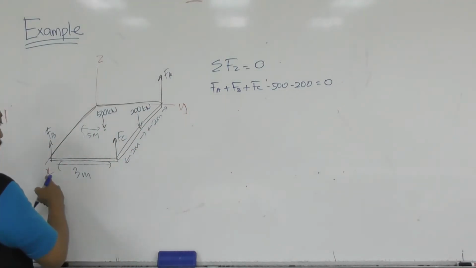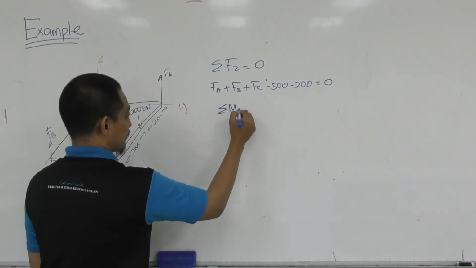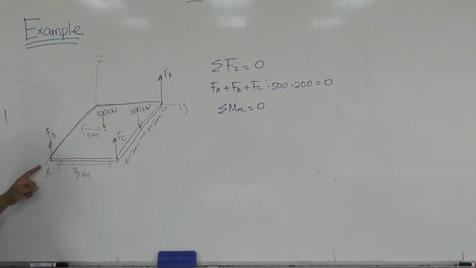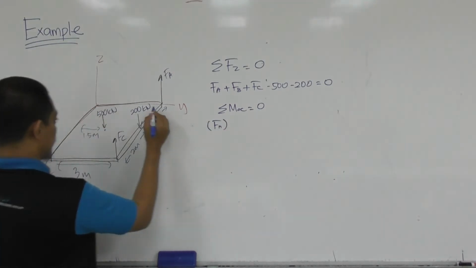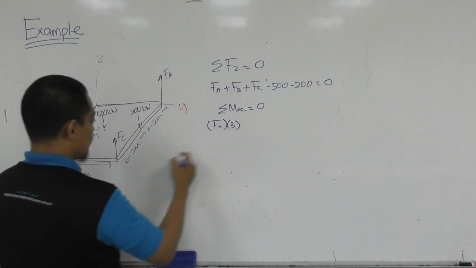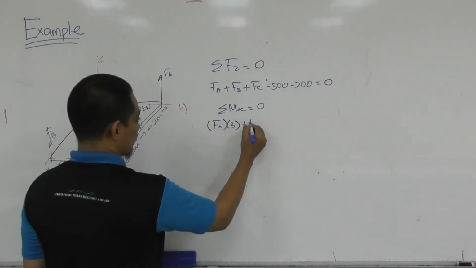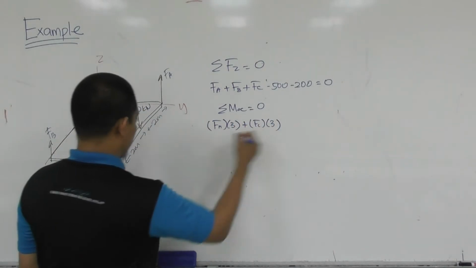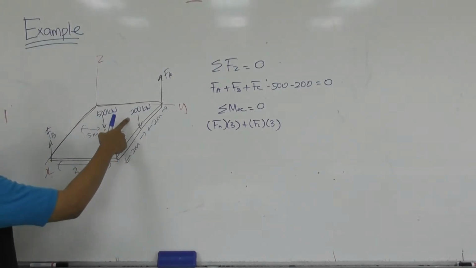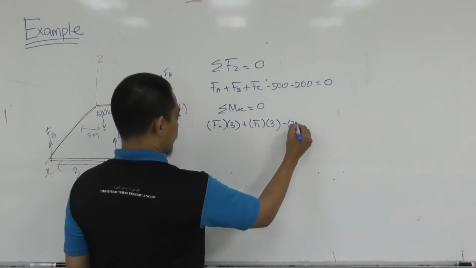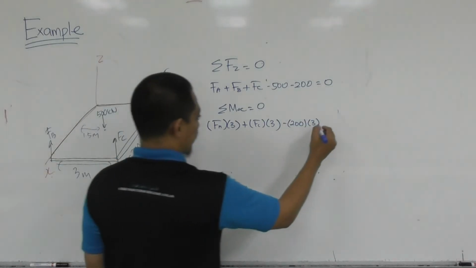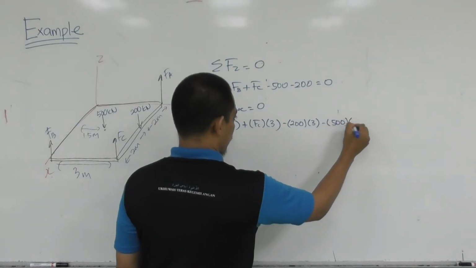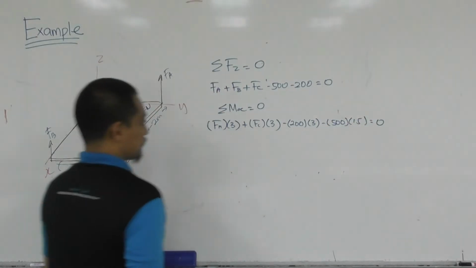Then summation of moment about the x-axis equal to 0: FA produces counterclockwise, so FA a distance of 3, and FC is also counterclockwise, so plus FC a distance of 3. This 200 is clockwise, so minus 200 a distance of 3. This 500 is also clockwise, so minus 500 a distance of 1.5 equal to 0.